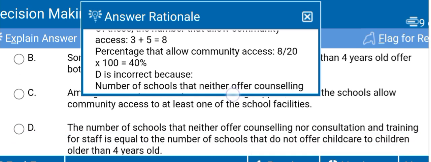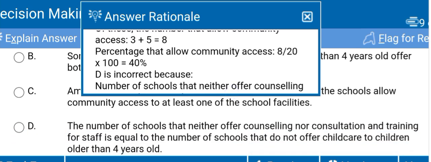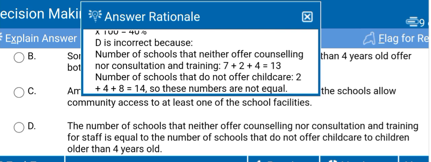And then we have option D is incorrect because the number of schools that neither offer counseling nor consultation and training equals 7 plus 2 plus 4 equals 13.